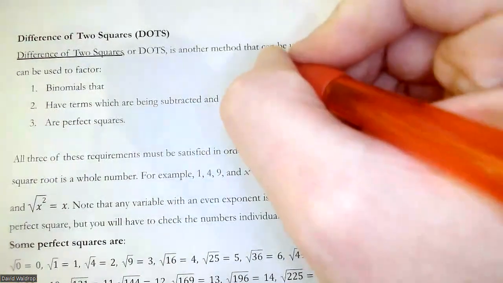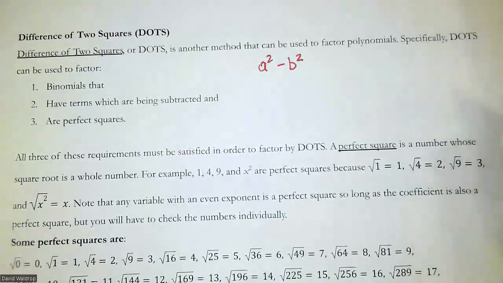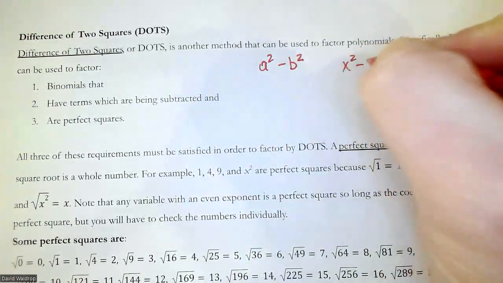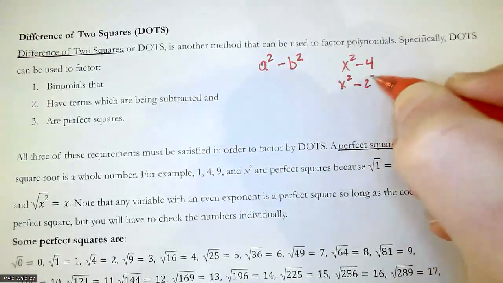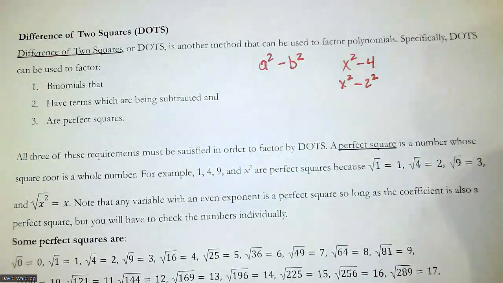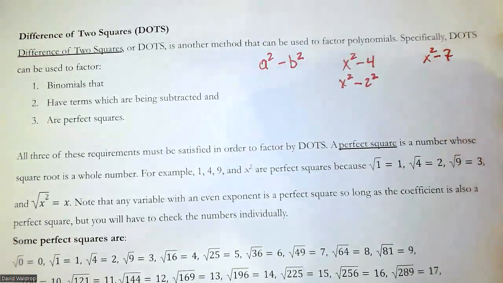That means it has to be able to be written as something squared minus something squared. Let me give you an example: x squared minus 4. This is x squared minus 2 squared. So those are perfect squares. I can take the square root of both of them perfectly.